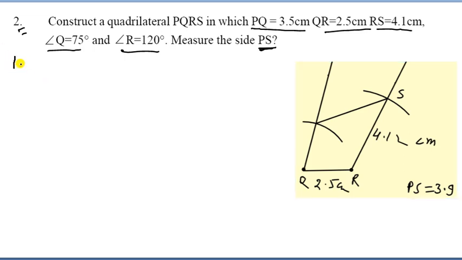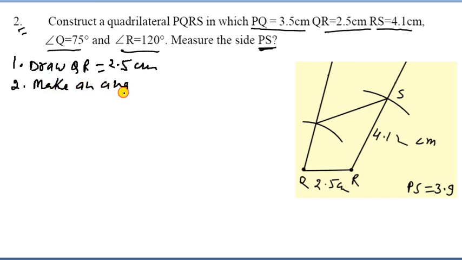Now write the steps of construction. First step, draw QR equal to 2.5 centimeters. Second, make an angle of 75 degrees at Q. So you can make this angle 75 degrees and this angle 120 degrees.